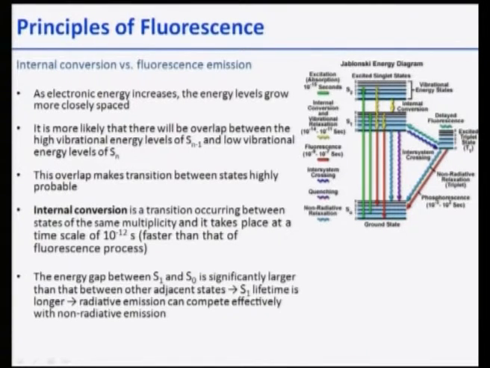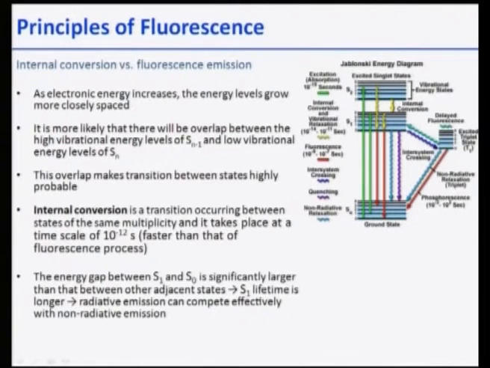So, there may be overlap of the vibrational energy levels between S1 and S2, and these overlaps make the transition between the states highly probable. That is, the transition from these to these states is highly possible. Internal conversion is nothing but a transition occurring between states of the same multiplicity. Okay, same multiplicity means there are 5 multiple states here, 5 multiple states here, S1 and S2 both.